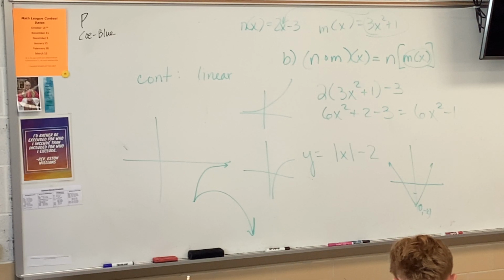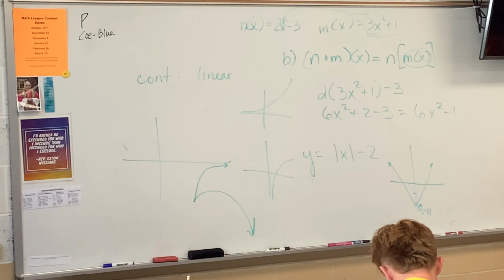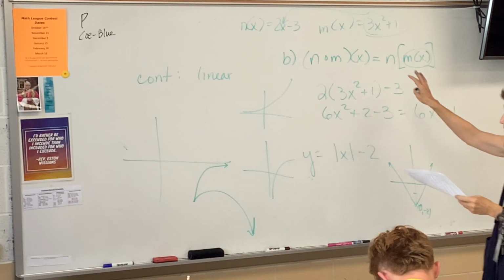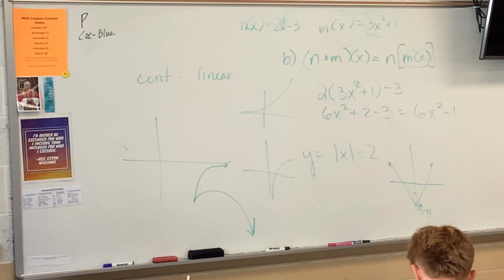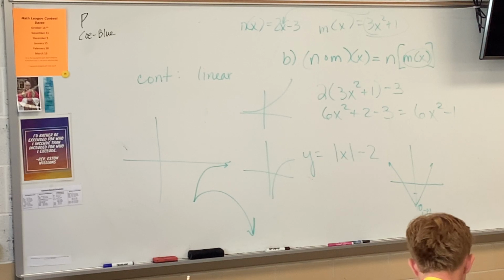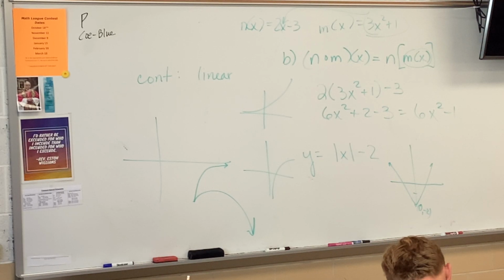But number 1 talks about domain, number 2 talks about asymptotes, number 3 is graphing piecewise, 4 you can cross out, that's just review. 5 is what we just did with these compositions. 6 we already talked about. 7 is vocabulary. 8, 9, 10, those we need to know.